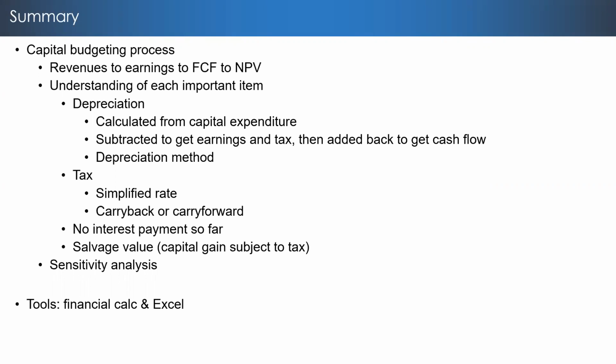We calculate tax using an effective tax rate. We calculate depreciation using the straight line method, and we adjust it by adding it back to earnings, so we get free cash flows. So these are the two complications, or two things that you want to pay more attention to in capital budgeting.